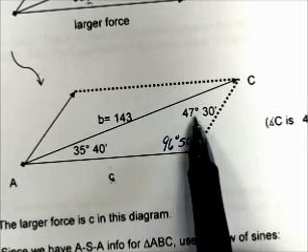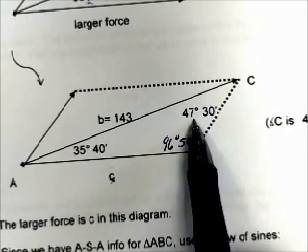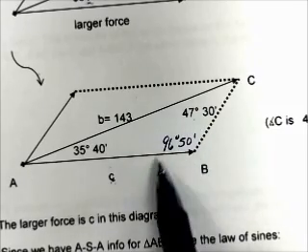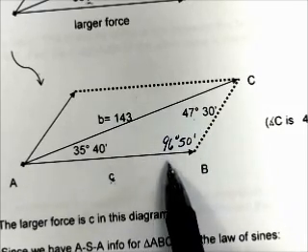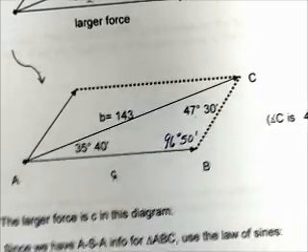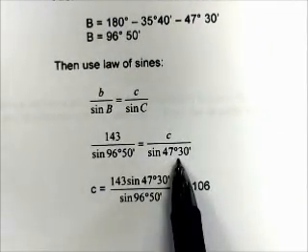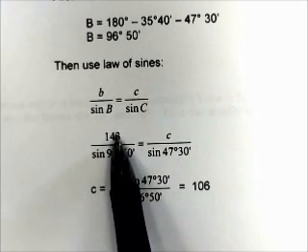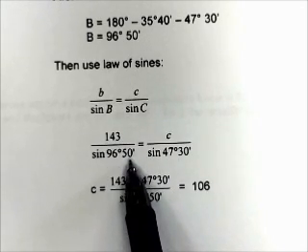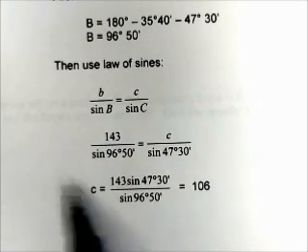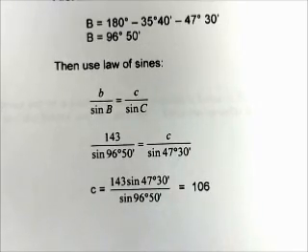So C over sine 47 degrees 30 minutes is equal to 143 over sine 96 degrees 50 minutes. That's what we have down here. Cross multiplying, solving for C, plugging into the calculator, and we get 106.